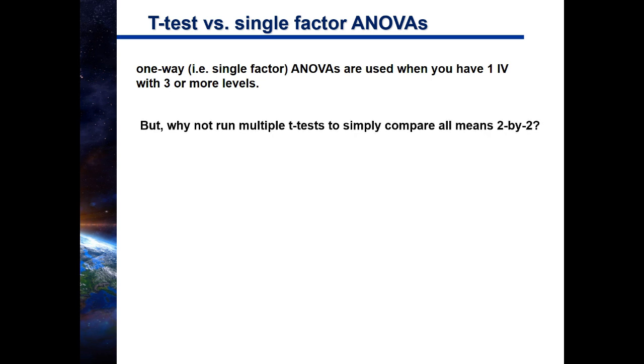So now we have to ask the question, why can't we just compare those 3 means? Let's just use a very simple example here. The factor has to have 3 or more levels, so we're just going to look at the case where there are 3 means. Why can't we just use multiple t-tests to compare the means 2 at a time, and then we'll have our answer? We'll know which means are different from which.